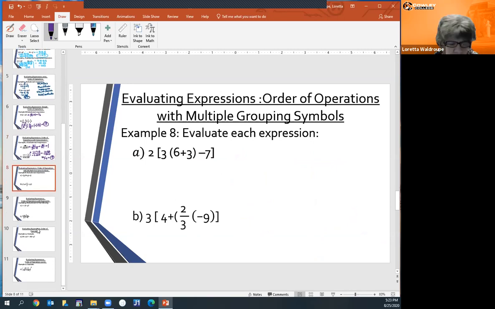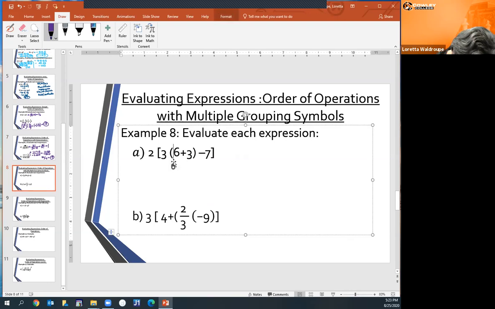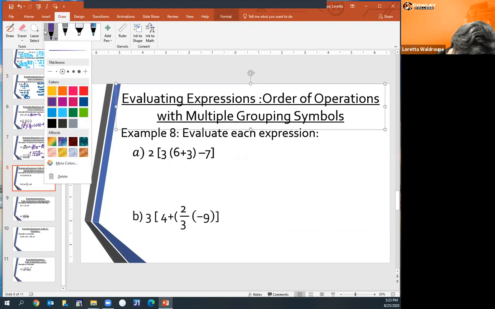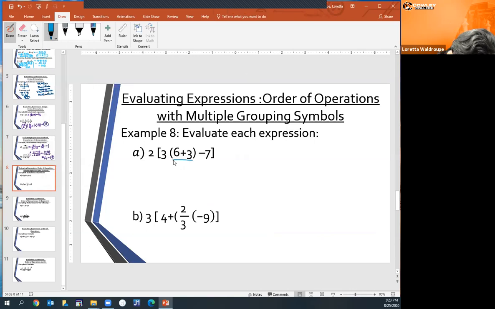Okay, when you have parentheses within parentheses, you start with the innermost. So 6 plus 3 is 9, and everything else stays the same. Now I can do this multiplication inside the bracket.